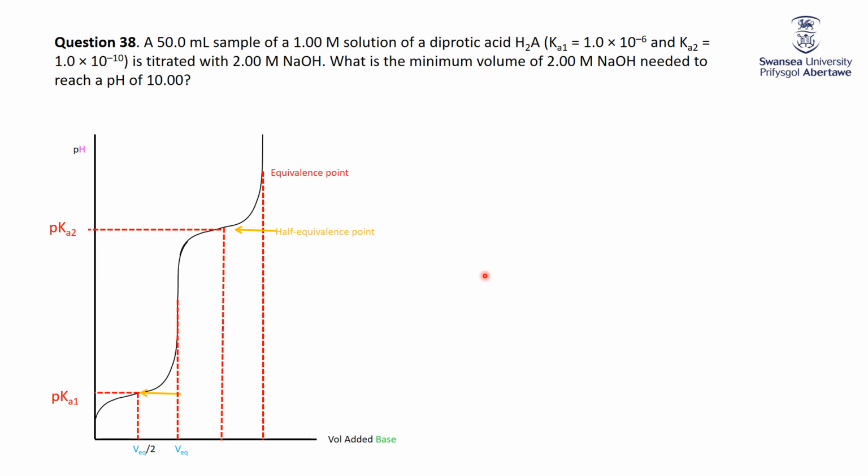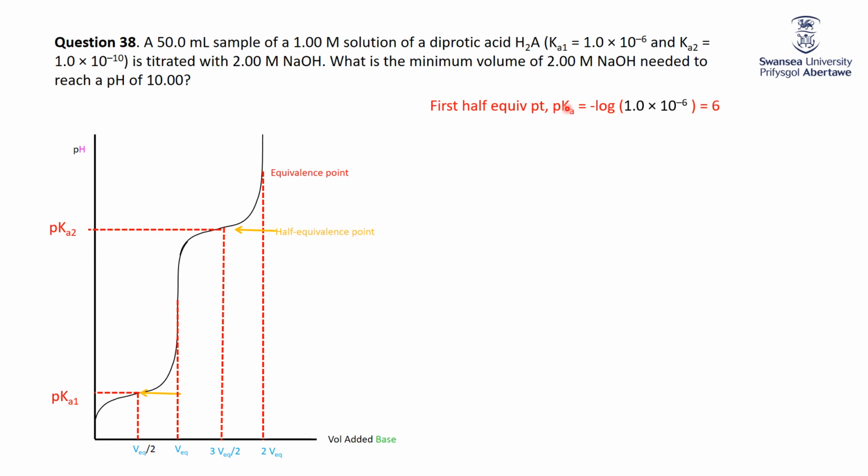Now, in terms of volume used, and I'll animate this in a minute, it takes the same volume to get to the first as it does again to get to the second. So if this is VEQ, this was VEQ over 2, this is 2 VEQ, and this is 1.5 times VEQ. So with that, let's see what we've got. Ka1 is 1 times 10 to the minus 6.